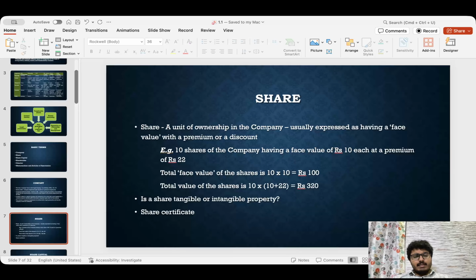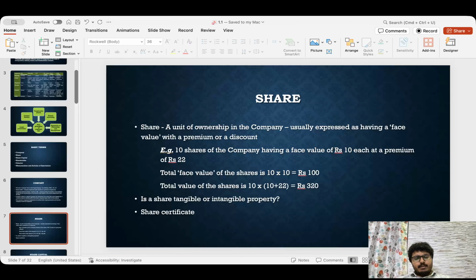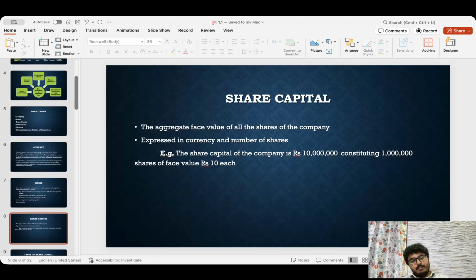Now the question is whether a share is tangible or intangible property. Basically, shares are considered intangible movable property, and ownership is evidenced through a share certificate.